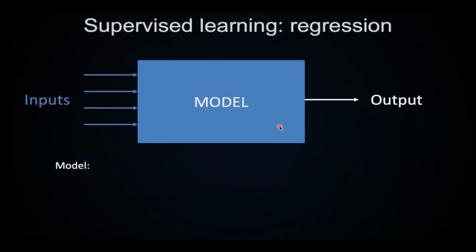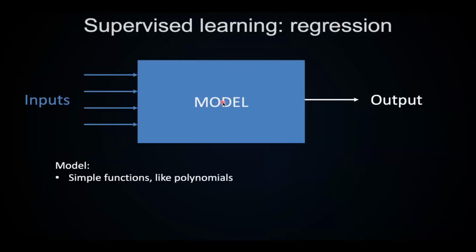And so supervised learning, inputs to outputs, you're probably all familiar with regression, okay? At the end of the day, when we're doing supervised learning, we're doing a sort of regression where we want to correlate the inputs to the outputs. And this model, this black box in the middle, could be various things. It could be a very simple function like a polynomial.